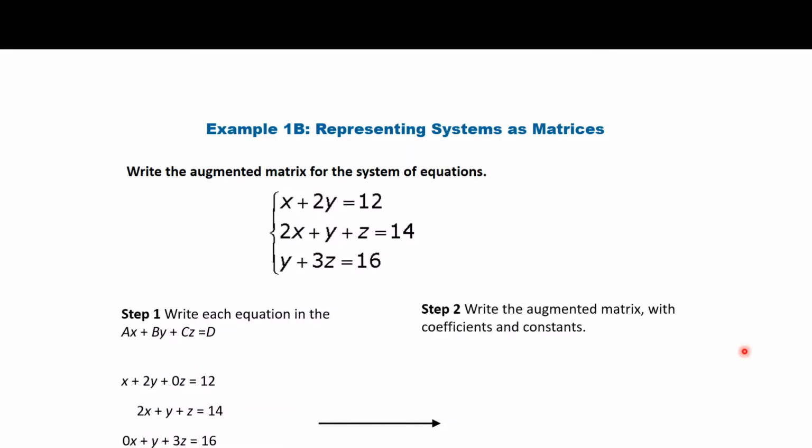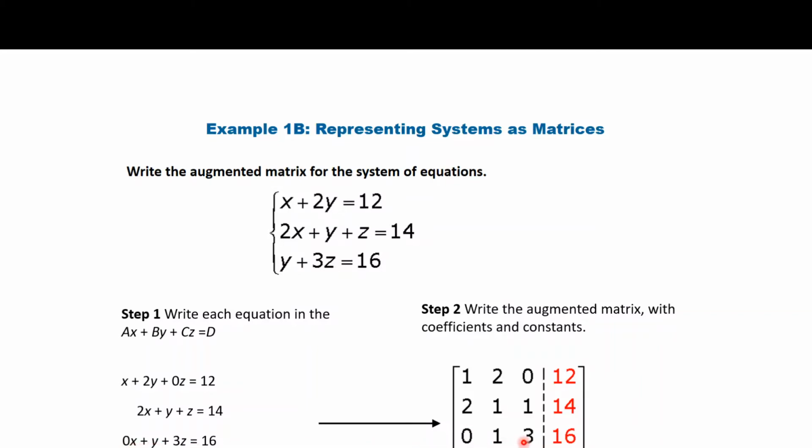All right, step 2 is to write the augmented matrix with the coefficients and the constants. Let's take a look at that. Our coefficients here are 1, 2, 0, so we just fill them in. Then 2, 1, 1, where the 1 is understood, and 0, 1, 3.